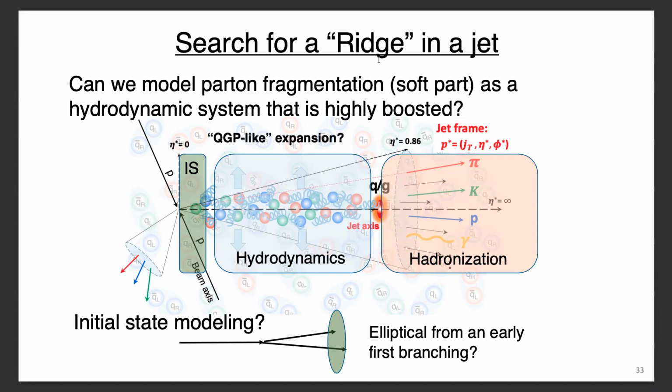In this part you just run the standard hydrodynamics, but you boost everything to a very high momentum system. So your particles produced will be in a very, very small cone like this. And then you just run the same hadronization.